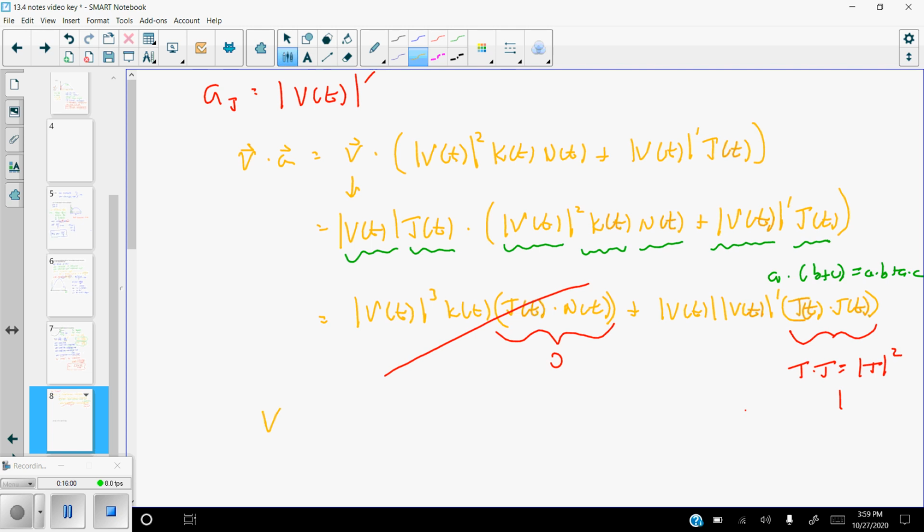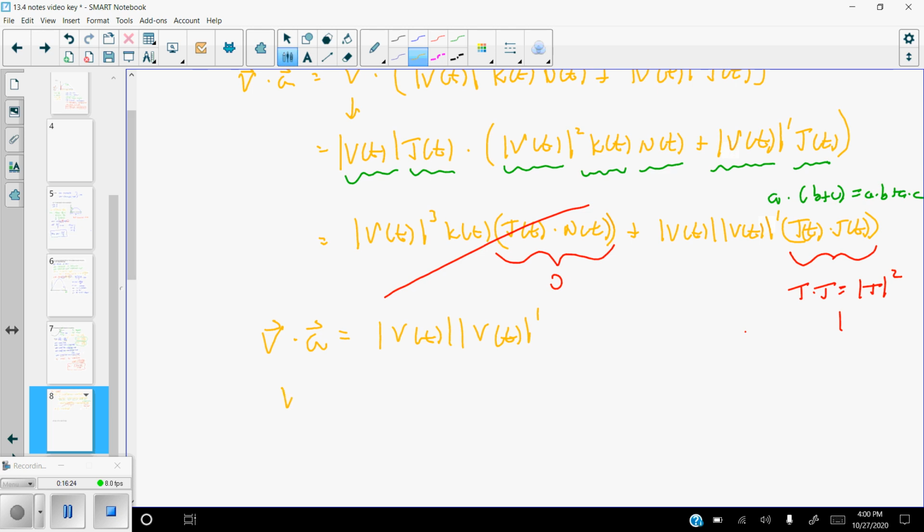Which means what we're going to get here is that v dot a is going to end up being magnitude of v of t times magnitude of v of t prime. So to solve this thing, because ultimately what we're trying to solve for is this magnitude of v of t prime, I'm just going to divide both sides by the magnitude of v of t.